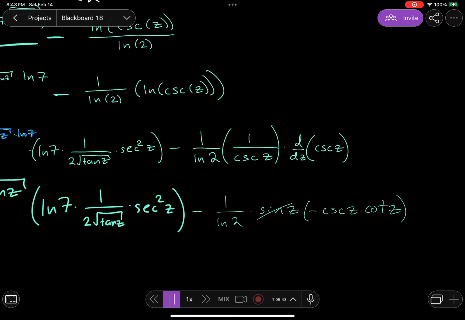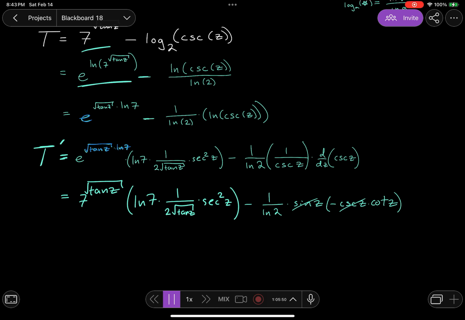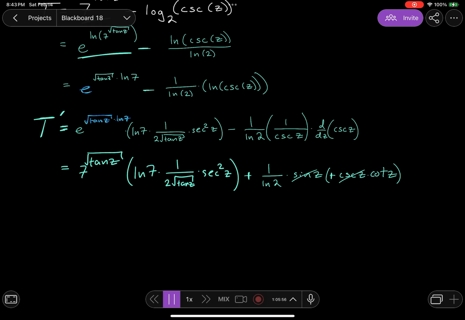Oh, these guys cancel. That's kind of nice. And also these guys become positive. The natural log of 2 times the cotangent of z.